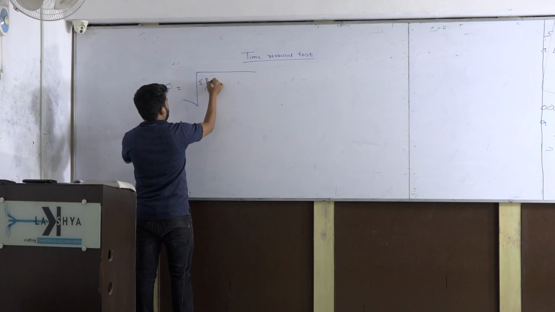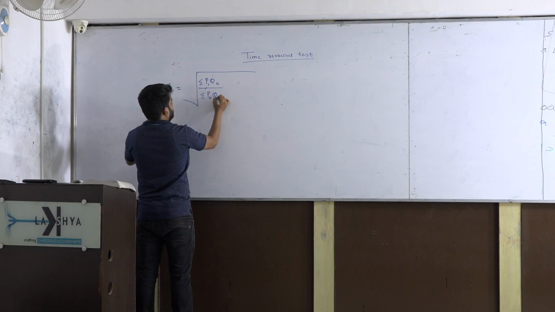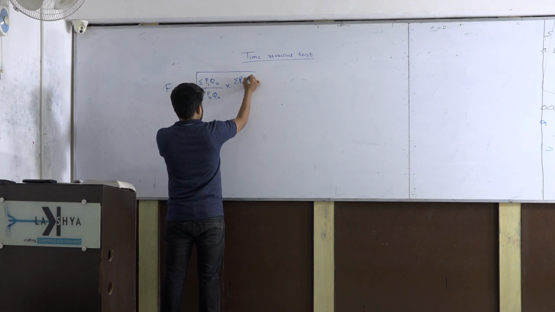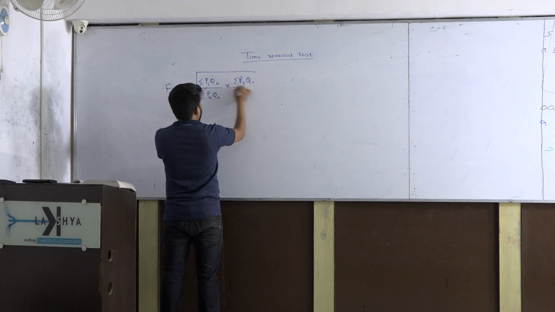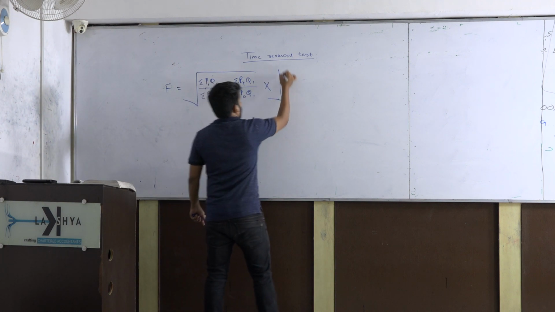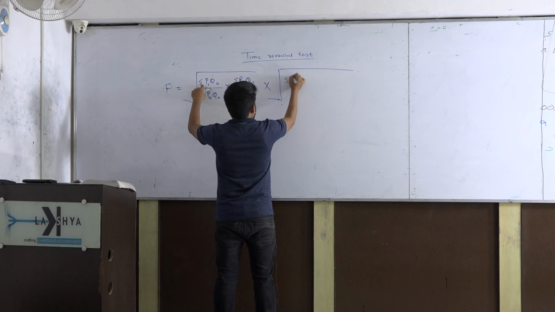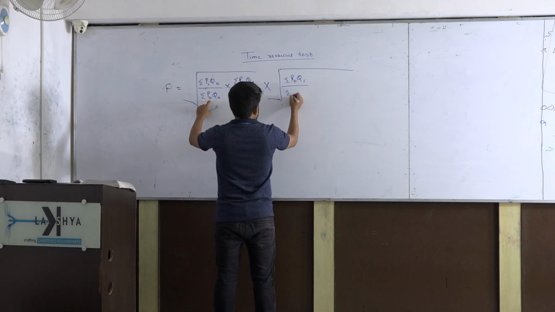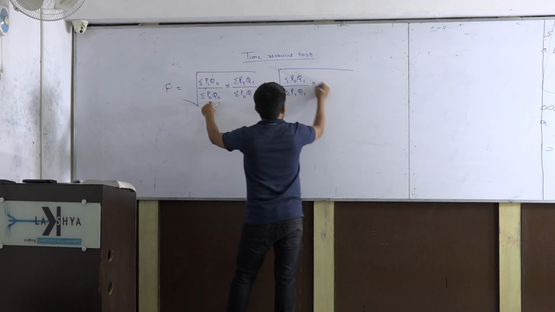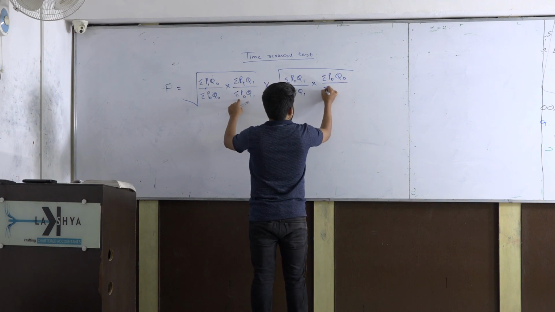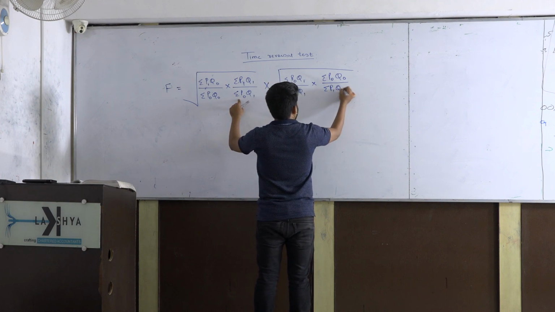Under root of sigma P1 Q0 divided by sigma P0 Q0, multiplied by sigma P1 Q1 divided by sigma P0 Q1, multiplied by, I am doing the time reversal, sigma P0 Q1 upon sigma P1 Q1, multiplied by sigma P0 Q0 divided by sigma P1 Q0.